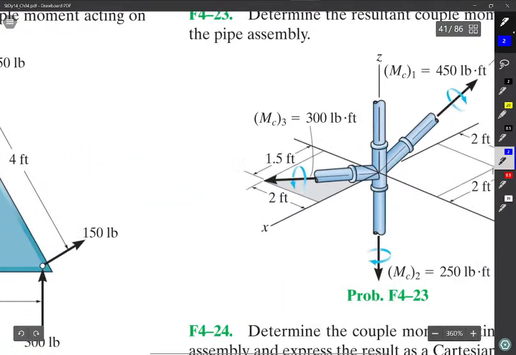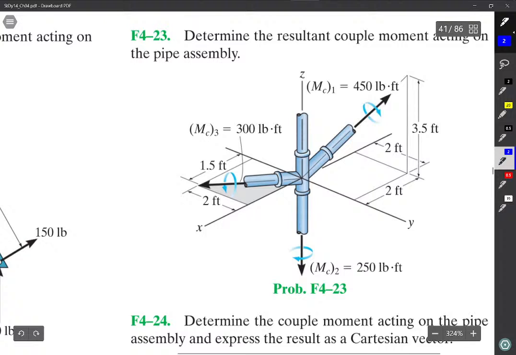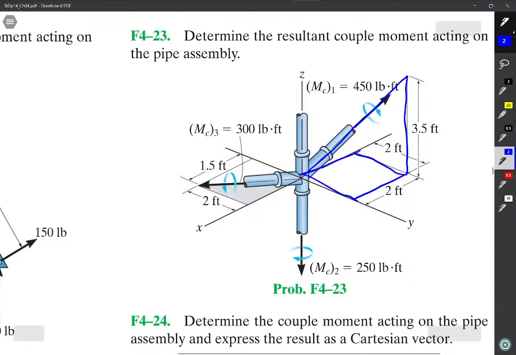Now, this one has an interesting component because there are no couples, but you have these written as vectors. So if you have 2 or 3 vectors, you just add them together. In this particular case, you've got a vector that comes out and forms this geometry right here. That's not that hard. You find the unit vector in this direction, using the vector to the endpoint right here.